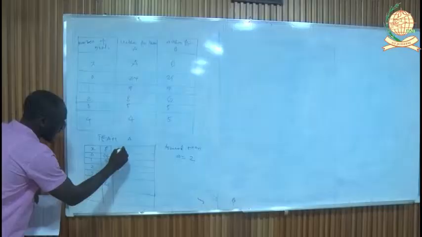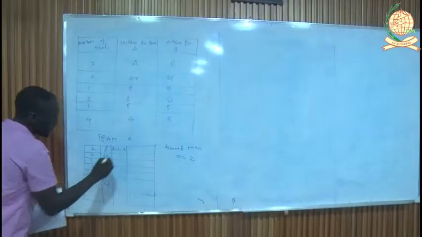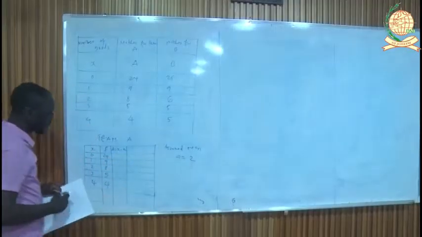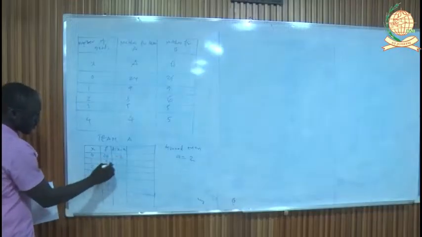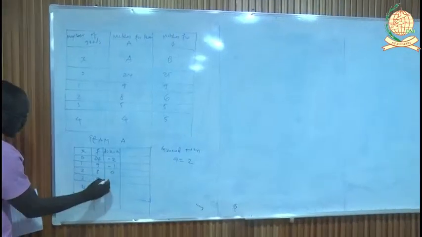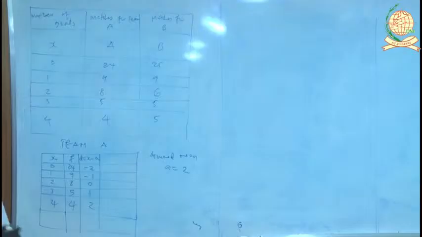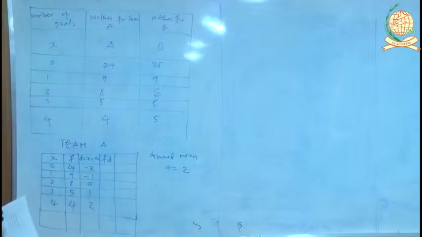So I can calculate the deviation, which is the value of x minus the assumed mean. X is 0, the assumed mean is 2, so x minus A is going to be negative 2. Here it's negative 1. 2 minus 2 is 0. 3 minus 2 is 1. 4 minus 2 is 2. This is the D. Then you can calculate the column of fD, the product of frequency and deviation.